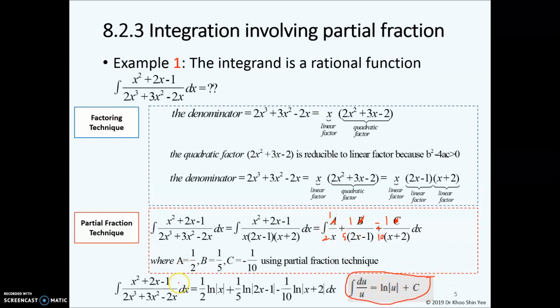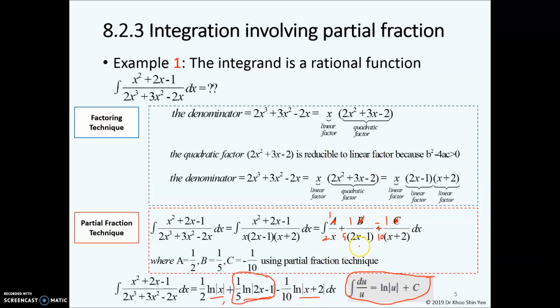So 1/2x, you should get 1/2 ln x. 1/5 divided by 2x minus 1, you should have 1/5 ln 2x minus 1. And lastly, -1/10 divided by x plus 2. After integration, you should get this as well.